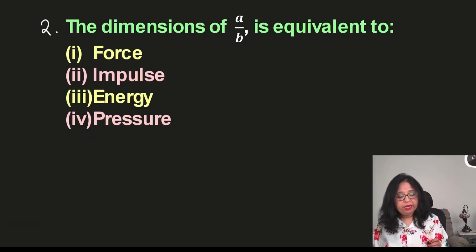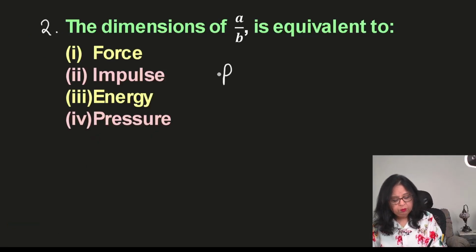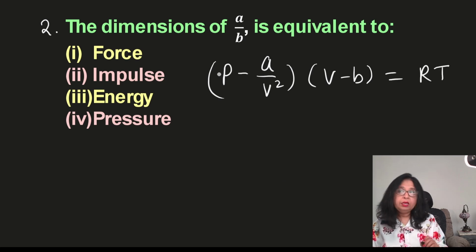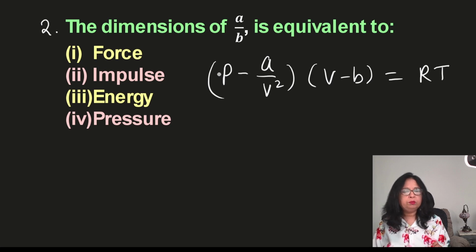Problem number 2 is based on the same equation, which is (P minus A over V squared) times (V minus B) equals RT. Here R is the universal gas constant, T is the temperature, P is the pressure, and V is the volume. And A and B are constants that have dimensions.